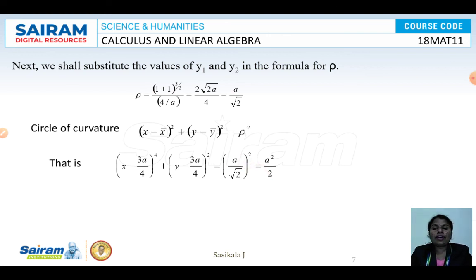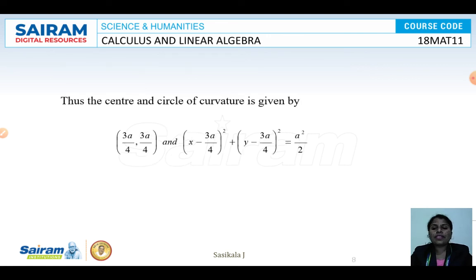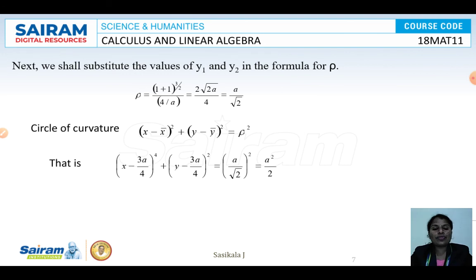So this will give you the center and the circle of the curvature. The center of the curvature is nothing but 3a by 4 comma 3a by 4, which is x bar comma y bar, and the circle of the curvature is x minus 3a by 4 the whole square plus y minus 3a by 4 the whole square equal to a squared by 2. This equation we have found.